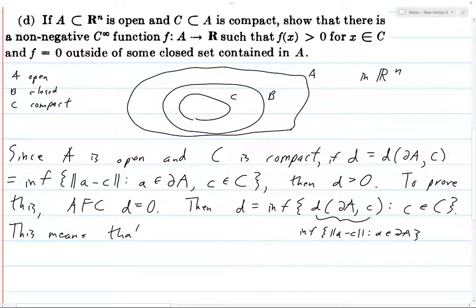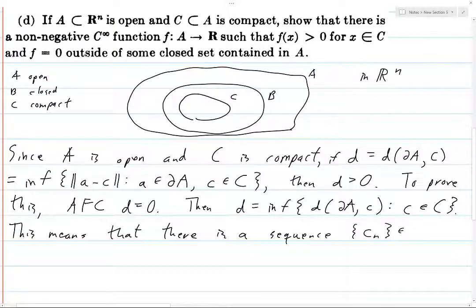means that there is a sequence c_n contained in the compact set C such that the limit as n goes to infinity of the distance between, wait a minute.